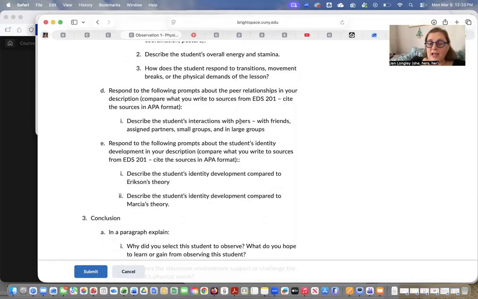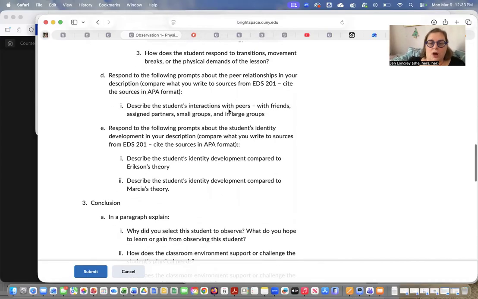Then with assigned partners, which might be different than their friends. They might be assigned a table with people that aren't their friends. So with partners, with small groups and large groups, they might act one way with their friends and a different way with assigned partners or small groups and a different way in a large group. So talk about that.